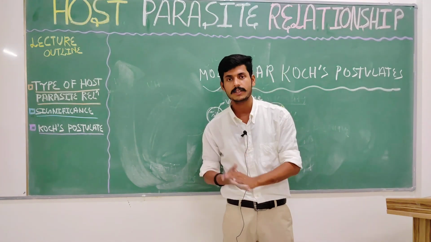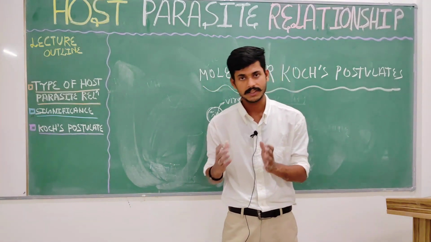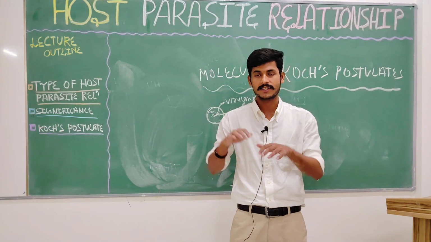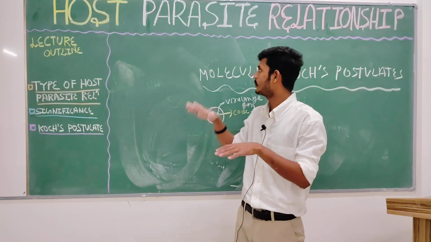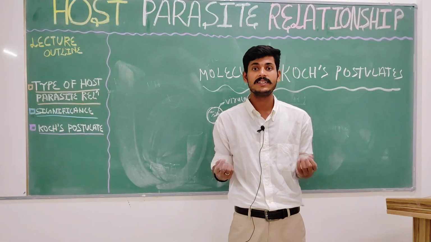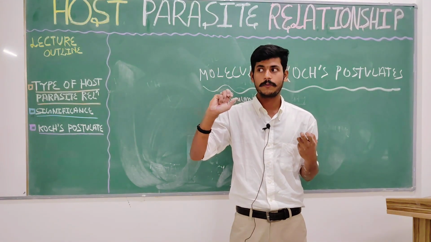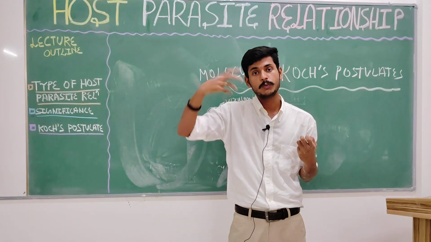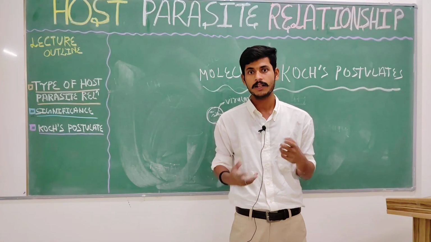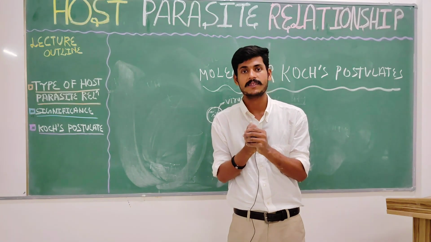If we understand these interactions, we can treat the patient effectively, establish a kind of harmonious relationship between the host and the parasite, develop early diagnosis, and develop new kinds of treatment. By understanding the interaction, we can also understand the life cycle.